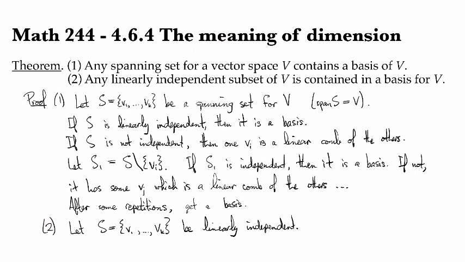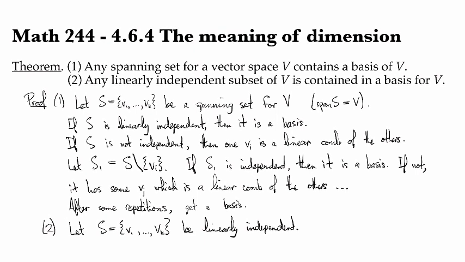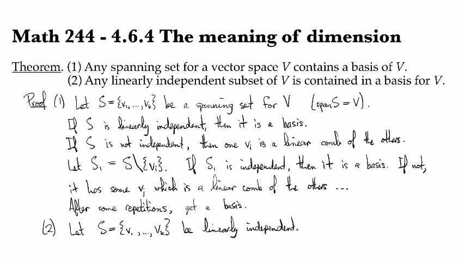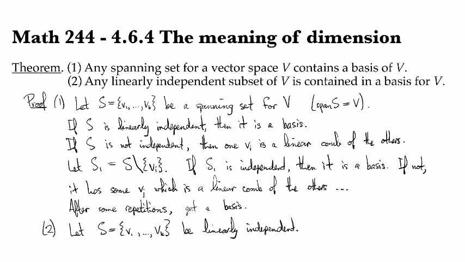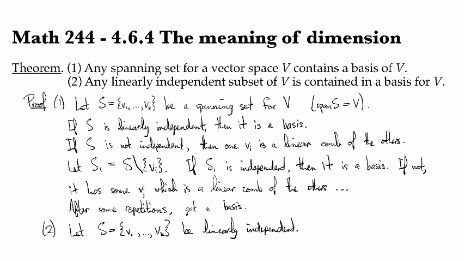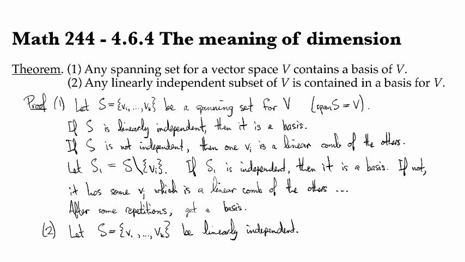Vector spaces of functions are infinite dimensional. Vector spaces like Rn and matrix spaces are finite dimensional. I don't want to get into the technicalities too much, but you need to do more work, and it's outside the scope of the class to talk about the infinite dimensional ones in any technically rigorous way.